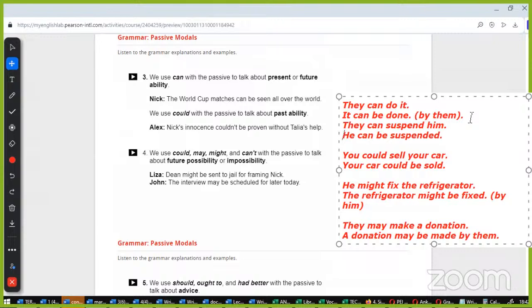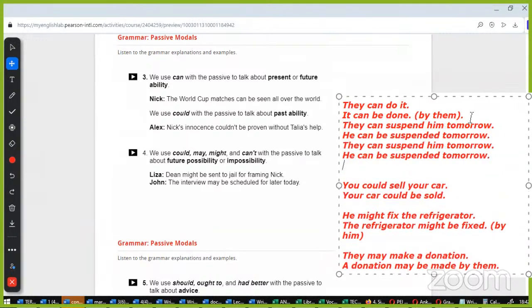He can be suspended. Let's say they can suspend him tomorrow. We could say this. He can be suspended tomorrow. In this case, both are future. Or you could say they can suspend him today. This expresses present, today.